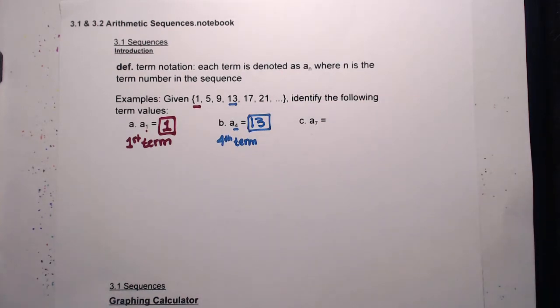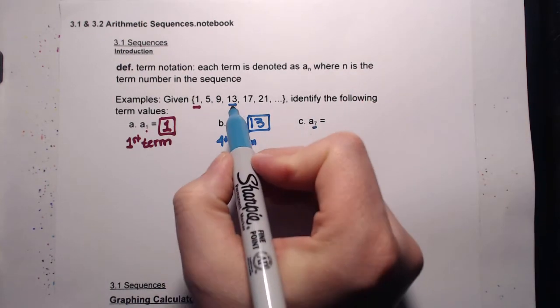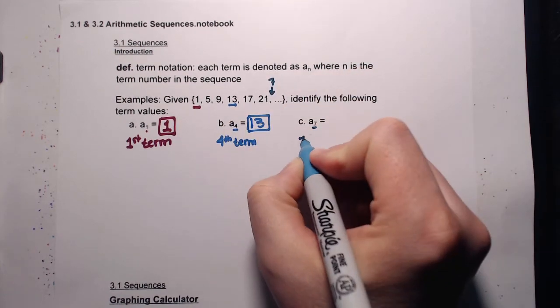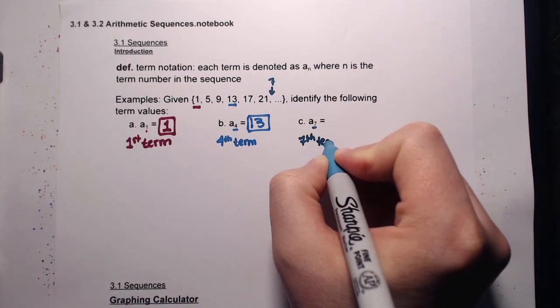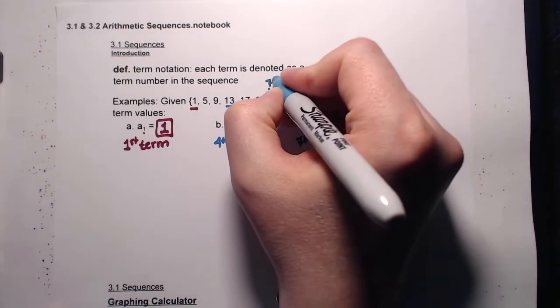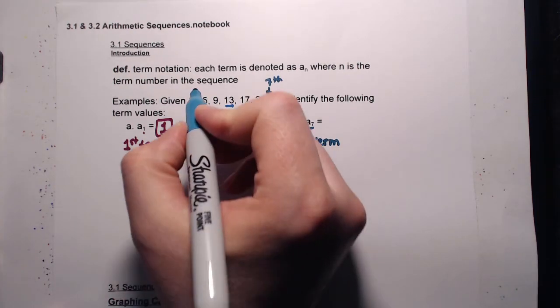And then if I'm looking at my 7th term, so 4, 5, 6, 7 is going to be right here. I'm going to have to figure out the pattern to figure out what would come next. So that would have been my 7th term. So to get to here, I'm adding 4.